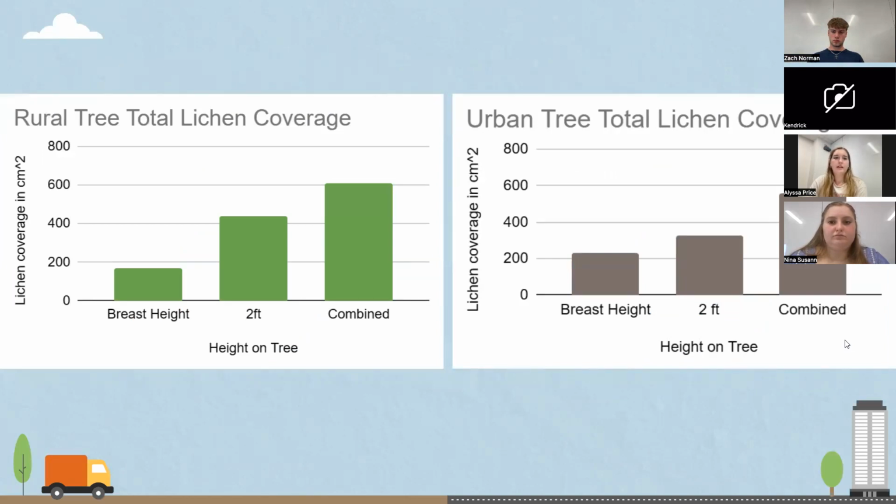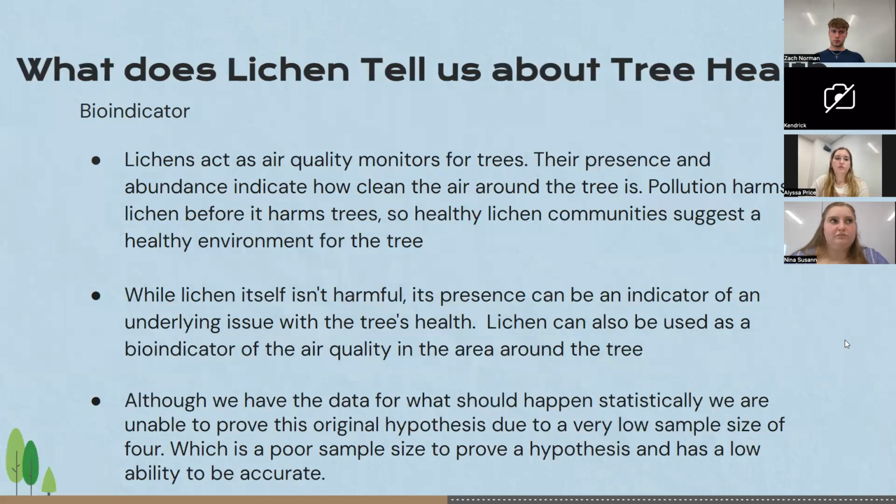And then another thing we looked at was the rural tree total lichen coverage versus the urban tree lichen coverage. And this was a pretty even distribution when it came to this chart. And this also talks about how lichen tells us about tree health in general.